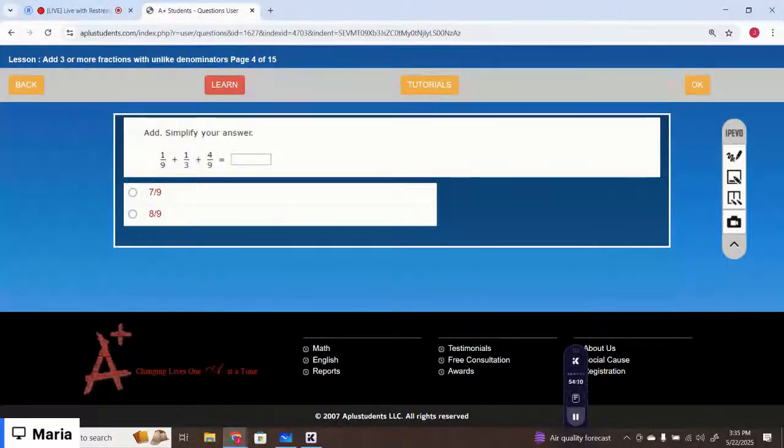So which is 1 by 2, 1 by 3 plus 1 by 4. Which is the correct option?